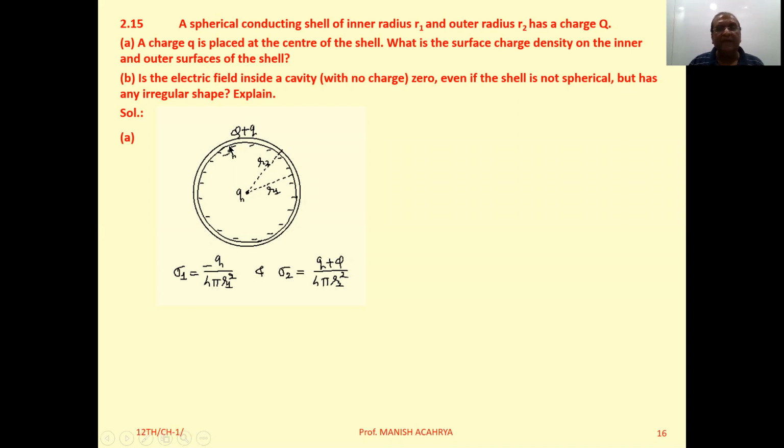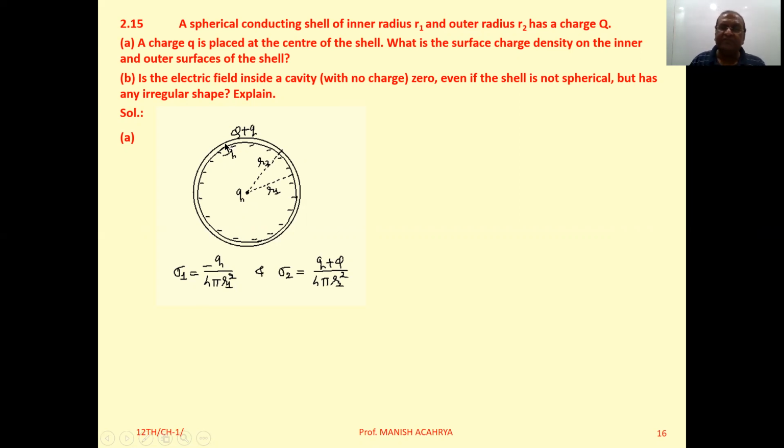And at the surface of inner shell, the total amount of charge is minus q. Now surface charge density at inner shell is charge upon area. So sigma 1 is minus q upon 4 pi r1 square.